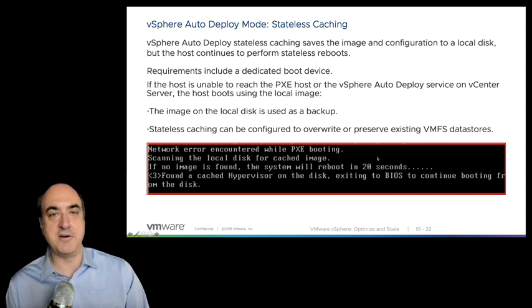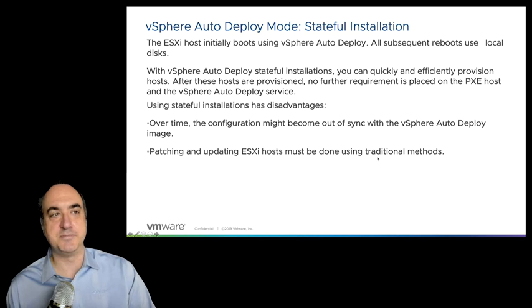So that if vCenter is, for whatever reason, offline, when this ESX server boots up, at least it has a backup of that image. It can be configured to overwrite or preserve existing VMFS data stores. You probably want it to be configured to preserve if it's an environment having been booted potentially multiple times.